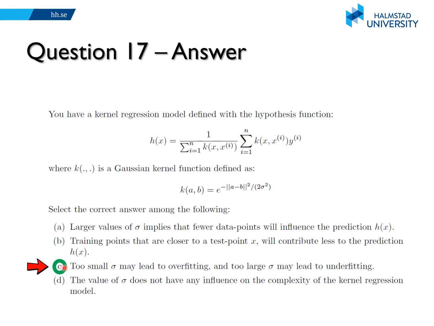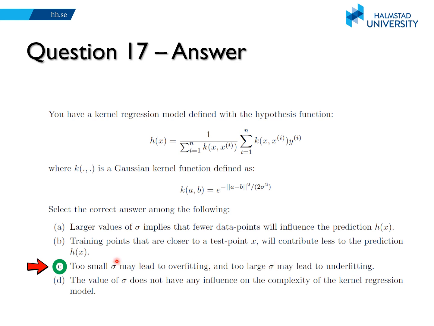The correct answer is C. So a too small value for sigma, which is used here in this Gaussian kernel, can lead to overfitting because it leads to a more complex model. And a too large value for sigma may lead to underfitting because this will lead to a wider Gaussian, and this is a much simpler model.